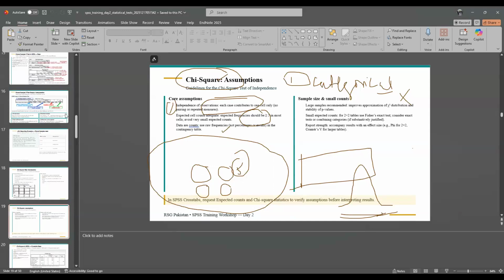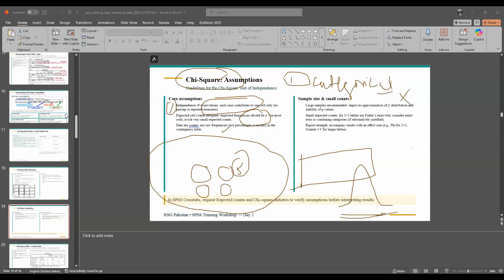I told you the core assumptions. Each cell's number should be greater than 5. This is the condition. Data must be countable. Use raw frequencies, not percentages or means. Means, percentages, and any type of descriptive analysis are not allowed here; the frequencies are considered.